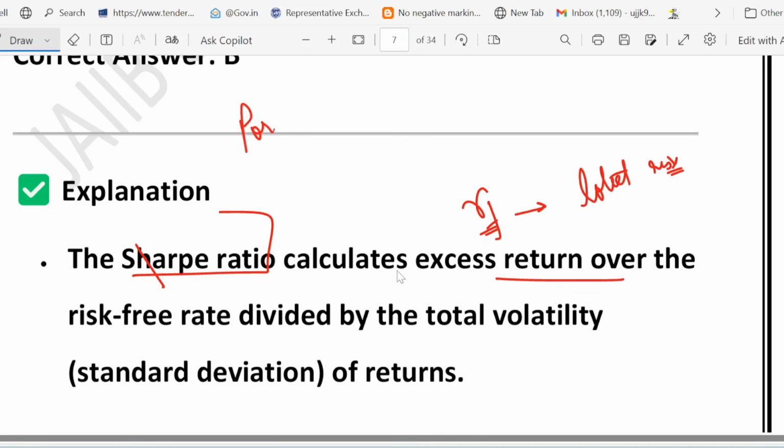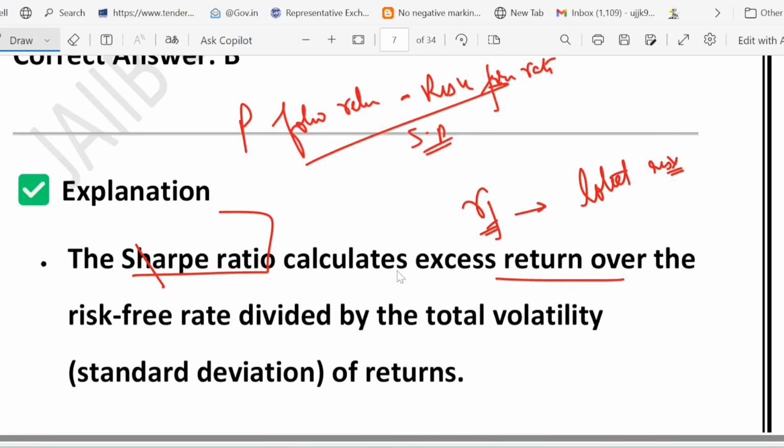We write the portfolio return, we subtract the risk-free rate and we divide it by the standard deviation of the portfolio, right? So this will give us the Sharpe ratio. So remember, if the question asks about Sharpe, you always look for risk-free rate and standard deviation. If you see beta, that is basically for the Treynor ratio.